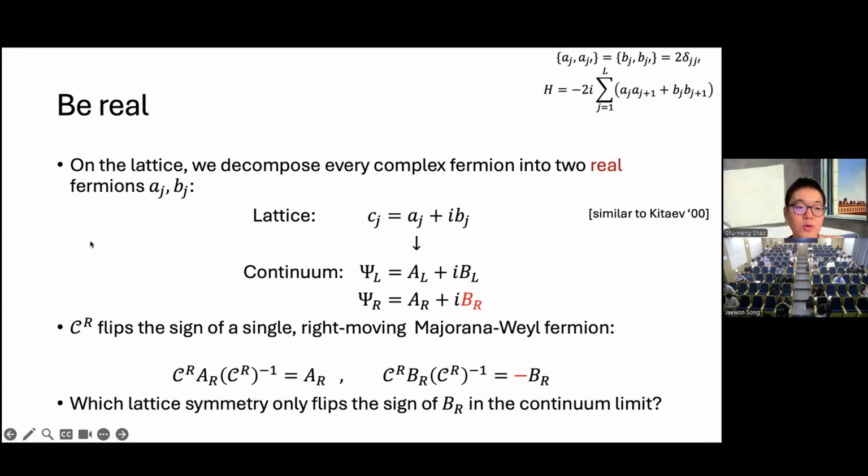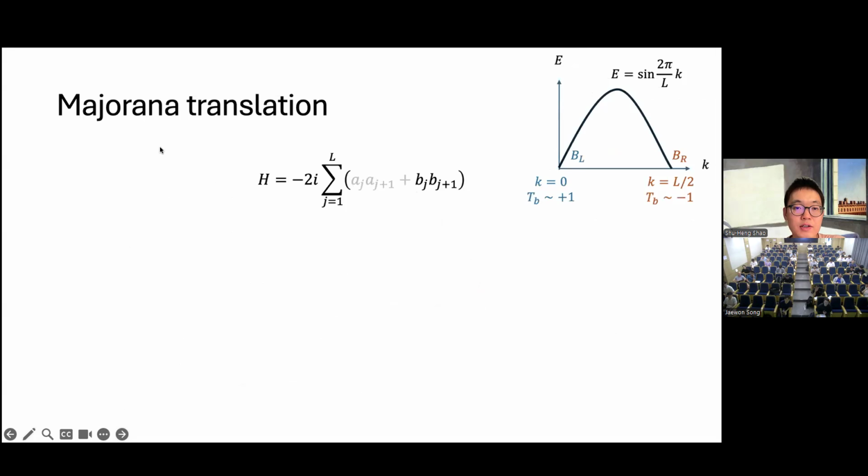So, which lattice symmetry only flips the sign of a single Majorana-Weyl fermion BR in the continuum limit? Okay. Now, for anyone who has worked on lattice fermions, the answer by now should be clear. As I said, the Hamiltonian written in terms of the real fermions decouples.